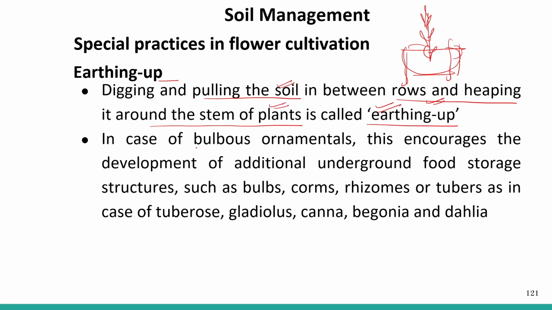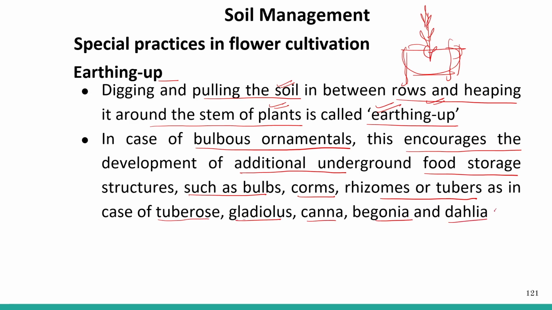So in case of bulbous ornamentals, this encourages the development of additional underground food storage structures such as bulbs, corms, rhizomes, or tubers, as in the case of tuberose, gladiolus, canna, begonia, and dahlia. So these are the tuberous plants or the bulb-bearing plants.